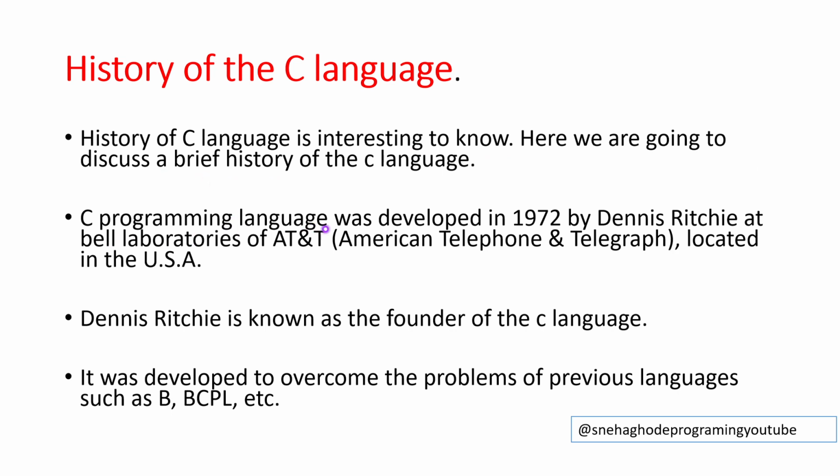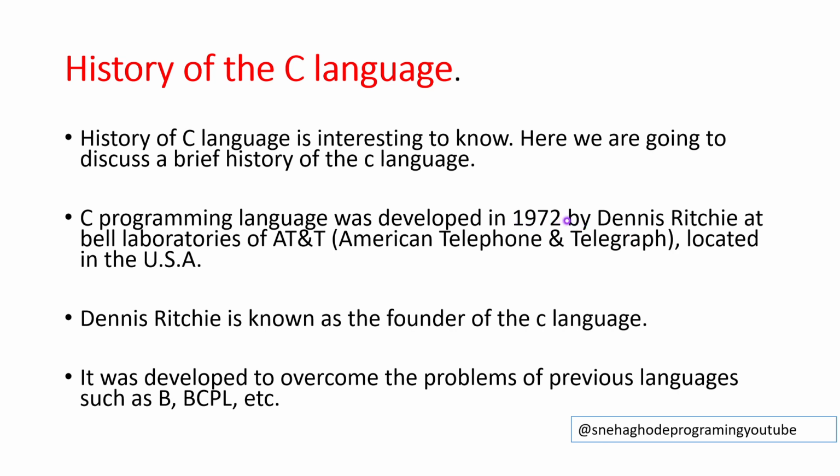The C programming language was developed in 1972 by Dennis Ritchie at the Bell Laboratories of AT&T, American Telephone and Telegraph, located in the USA. The question may be asked: in which year and by whom was the C programming language developed?